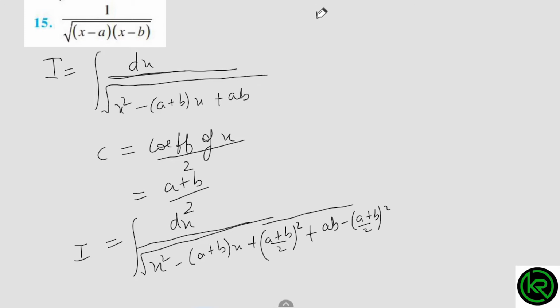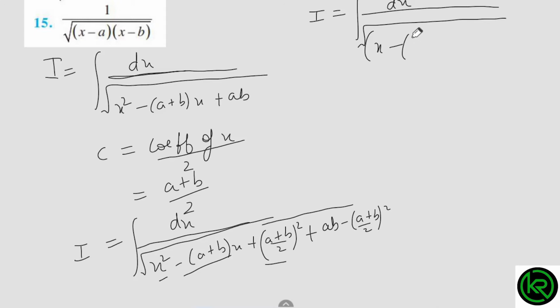Okay, so now I will be equals to integral dx upon, students, this is a square, this is b square, and here it is minus 2ab. So this will form formula (a minus b) whole square. So x minus (a plus b) upon 2 whole square.